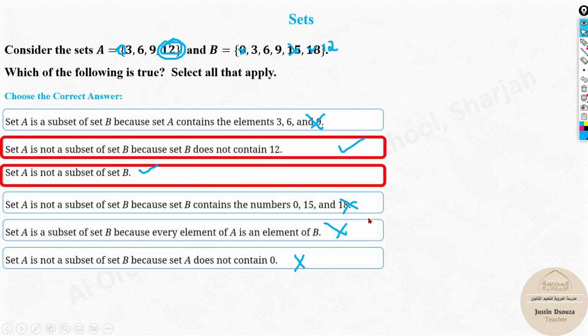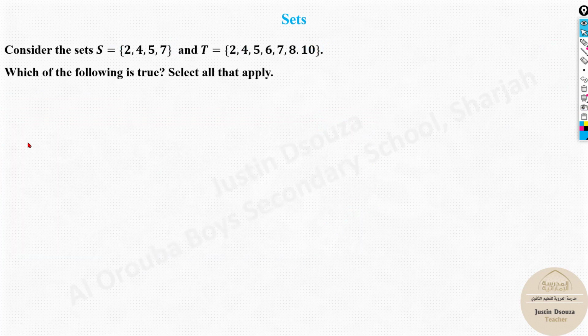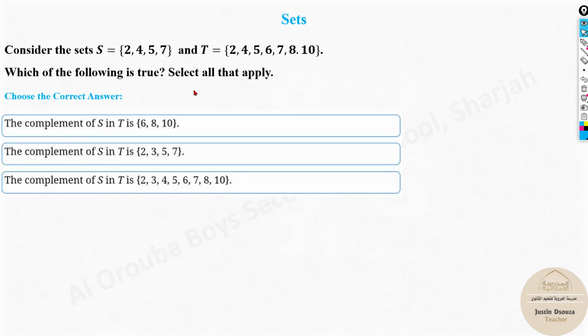So that is it. And now over here, consider the sets S, 2, 4, 5 and 7, and set T, 2, 4, 5, 6, 7, 8, 10. Which of the following is true? Let's see. The complement. Now, complement means the numbers which are not over here.